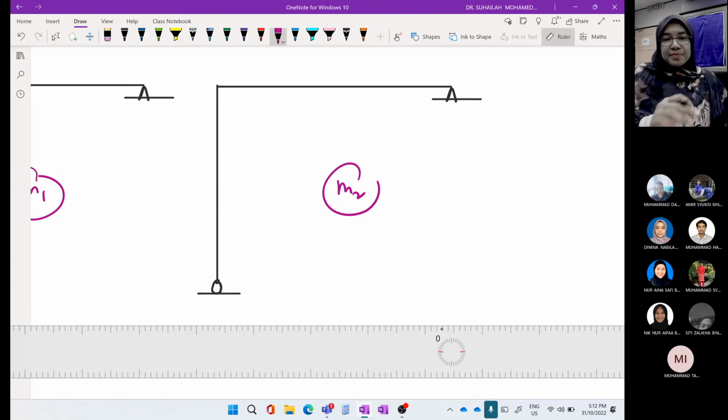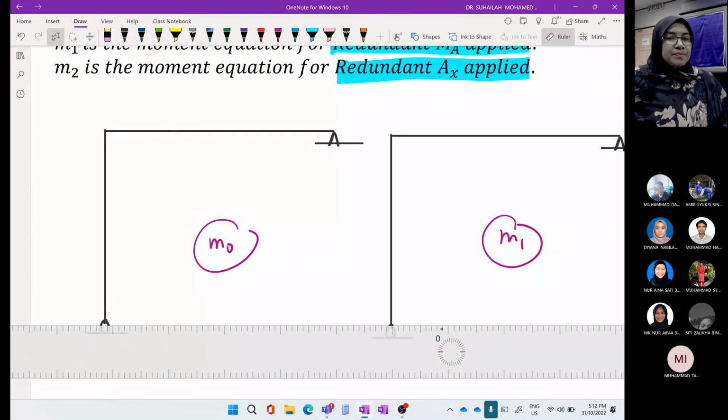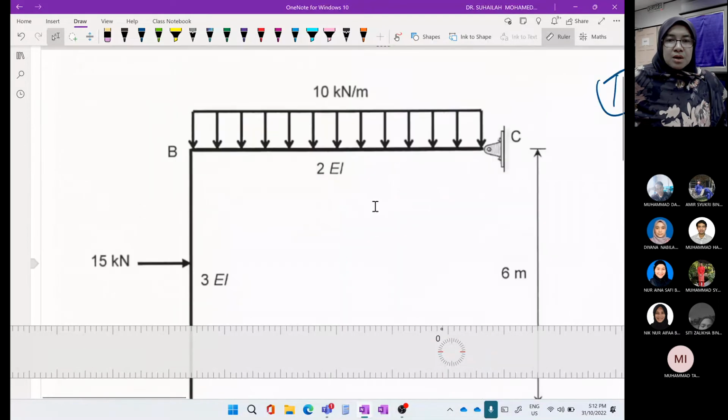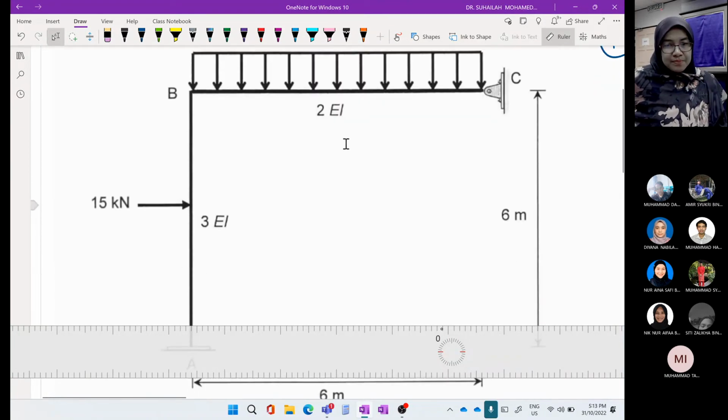Okay. In the primary system, we have to retain all external loading. We have 15 and 10.